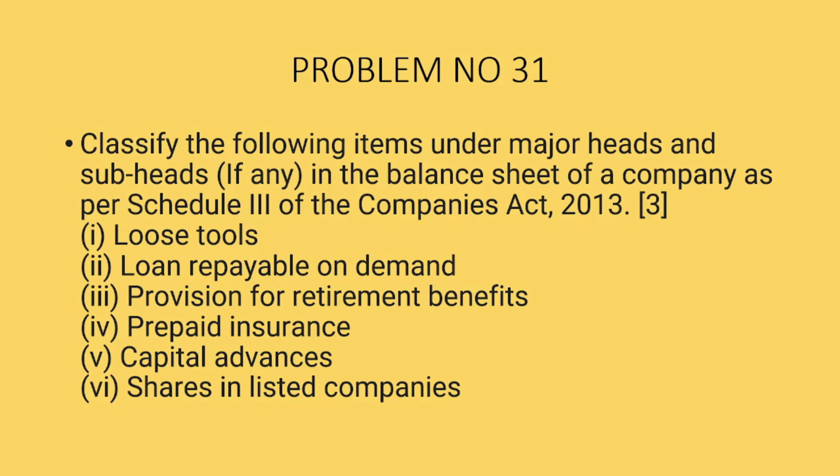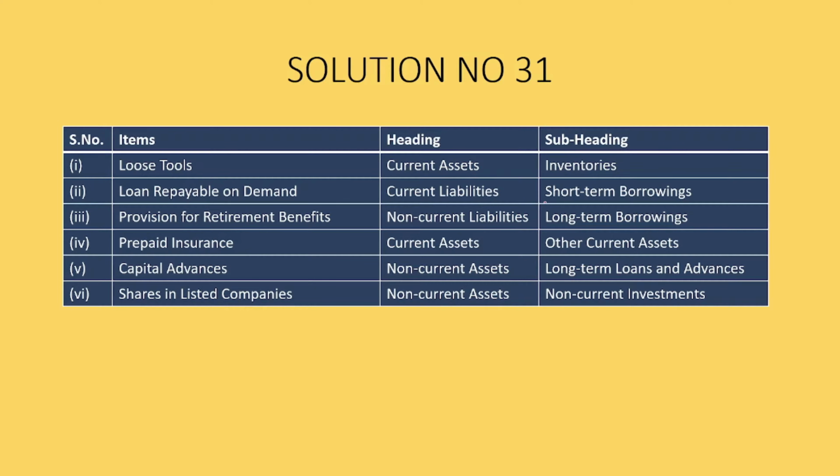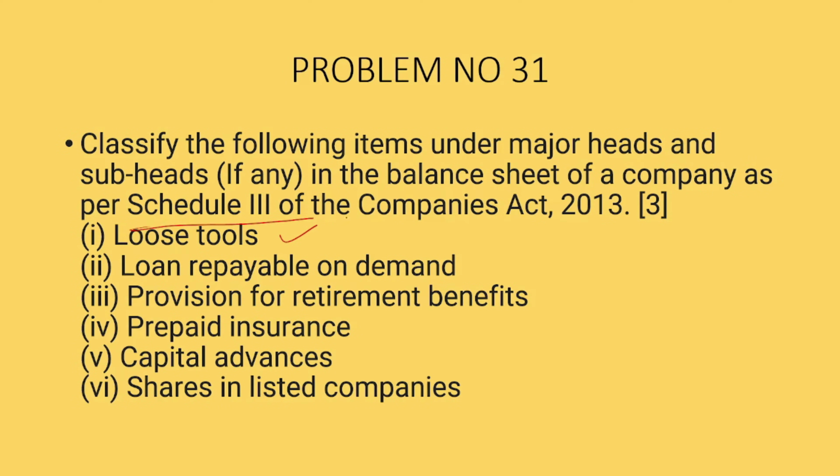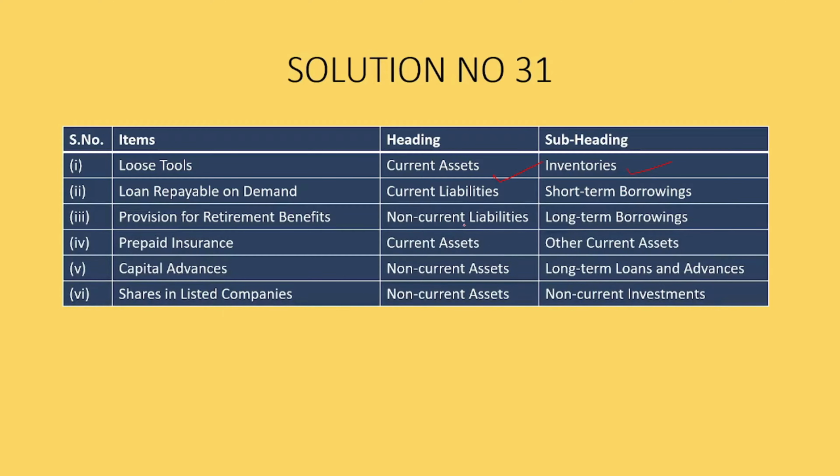Now, problem number 31. Classify the following items under the major heads and subheads in the balance sheet of a company as per Schedule 3 of the Companies Act. Loose tools will come under current assets, that is subheading inventories. Next, loan repayable on demand comes under current liabilities, short-term borrowings.